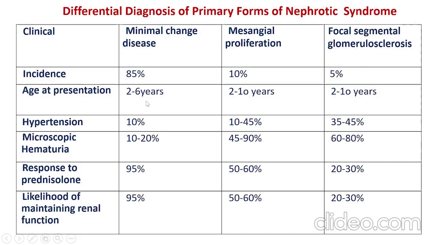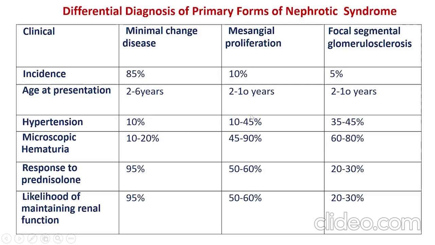Age of presentation for minimal change disease is about 5 years, it is children. Mesangial proliferation 2 to 10 years, focal segmental glomerulosclerosis 2 to 10 years. Hypertension is not typical for minimal change disease, it is only seen in 10%.